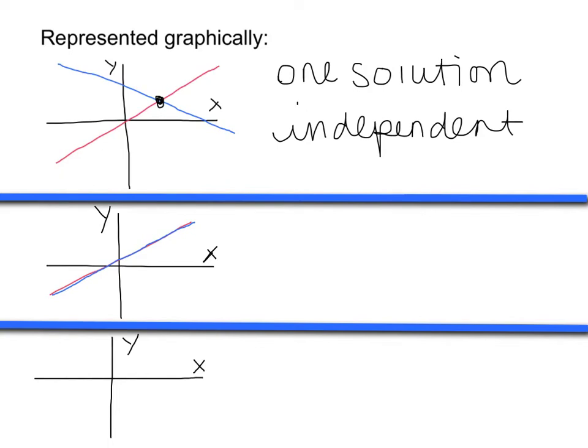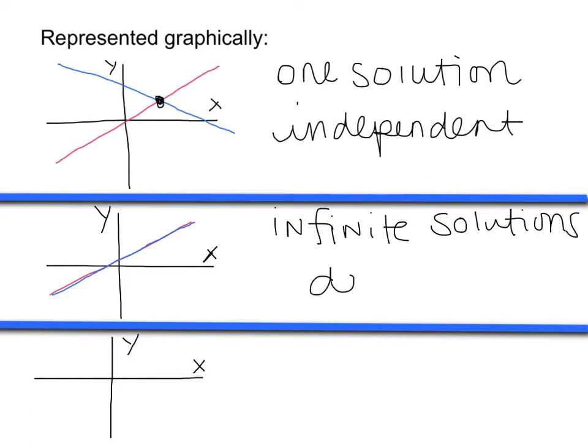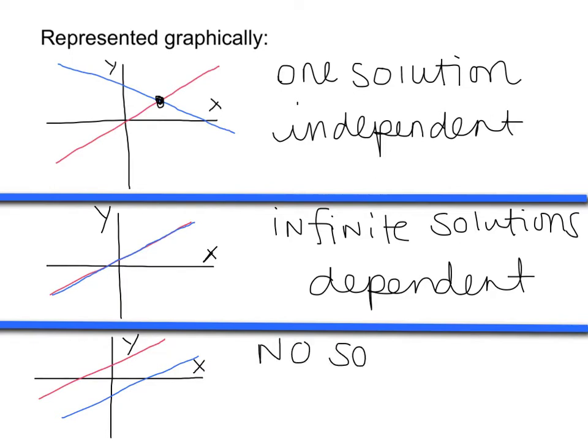If I have two lines that are the exact same line, this means there's going to be infinite solutions, which would make this a dependent system. If I have two lines that are parallel, those parallel lines are never going to intersect, which means I'm going to have no solution. And no solution makes this an inconsistent system.